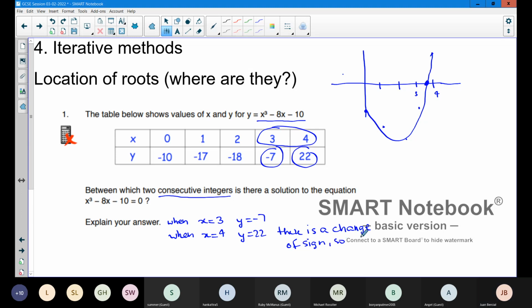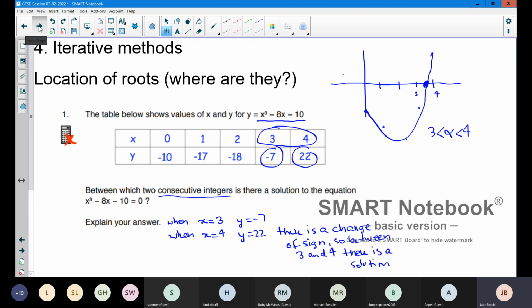So between 3 and 4, there is a solution. This is the way we locate where the root is. If you've got a value where y is negative and a value where y is positive, then there is a value in between, alpha, where there is a root for the equation, or a solution.